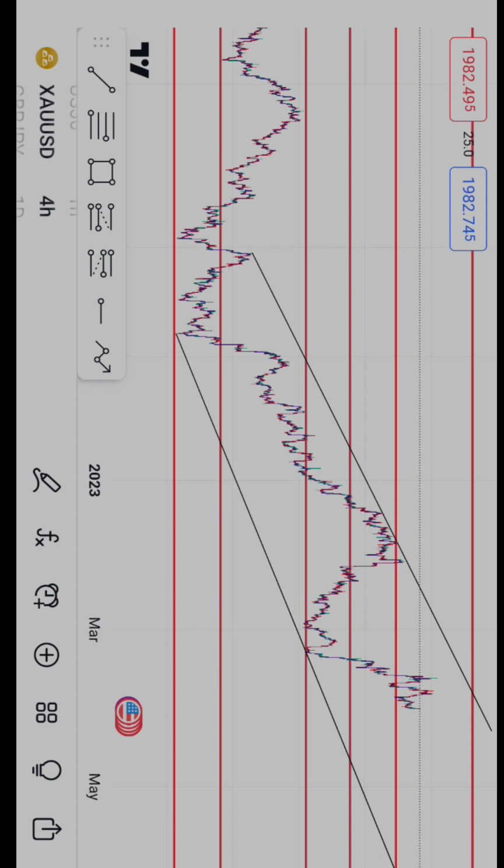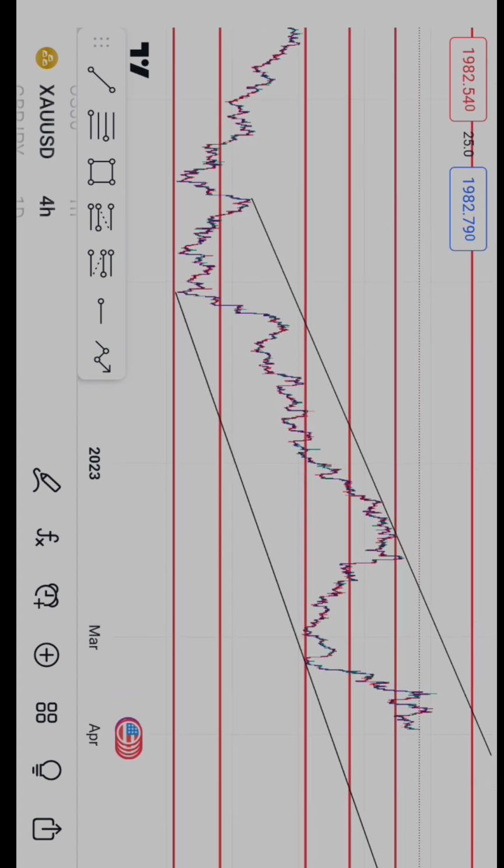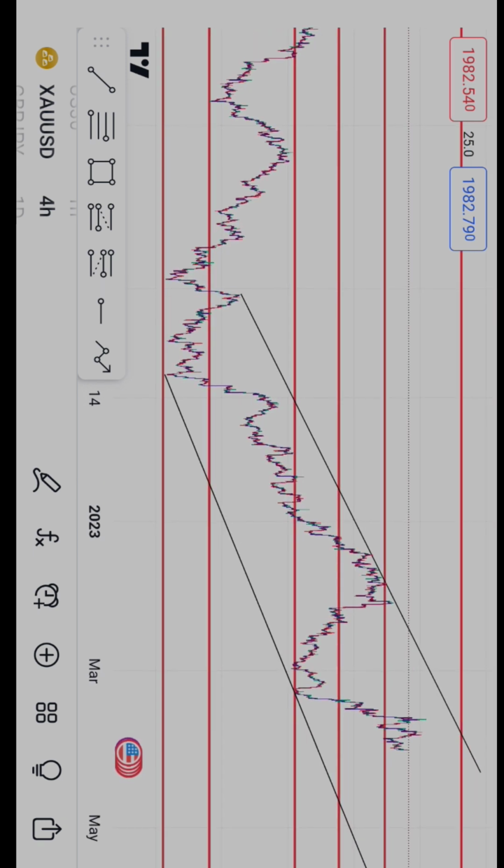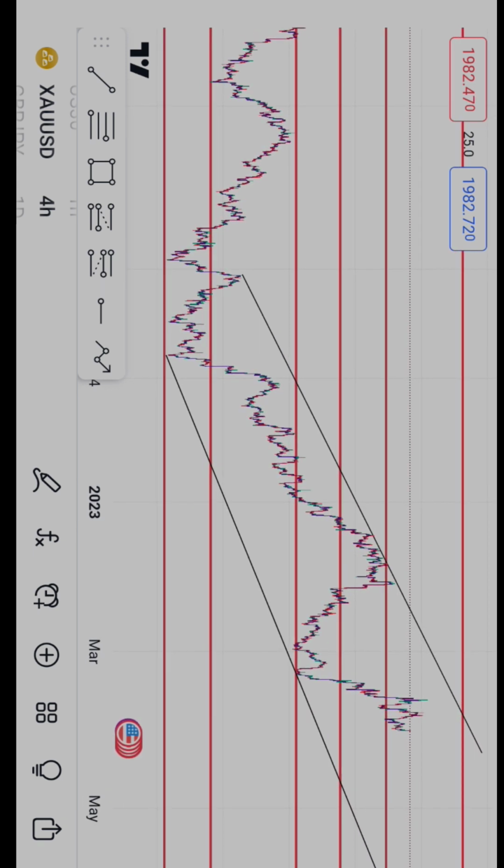Just know if price is moving in a series of higher highs, then we have an uptrend. If candlesticks are moving in a series of lower highs, then we have a downtrend. Lower highs and lower lows. If it's moving in higher highs, higher lows, we have an uptrend.